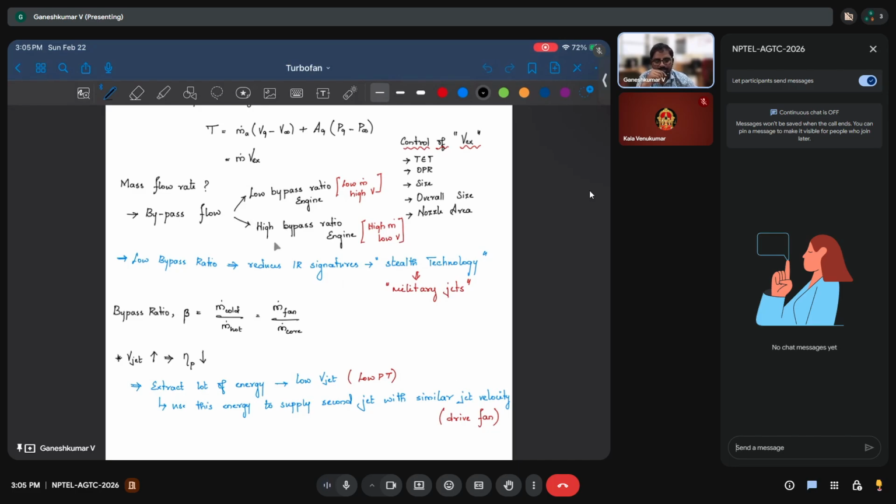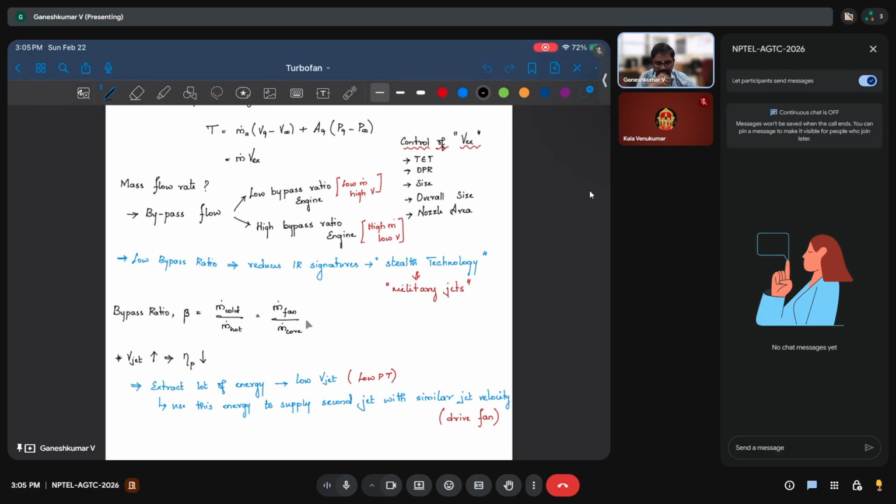High bypass ratio engines are used in commercial aircraft because they have a very high propulsive efficiency and a much lower specific fuel consumption compared to turbojet engines, and that's why turbofan engines are preferred.